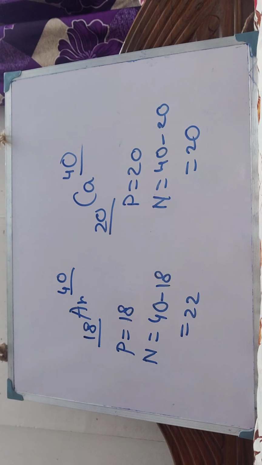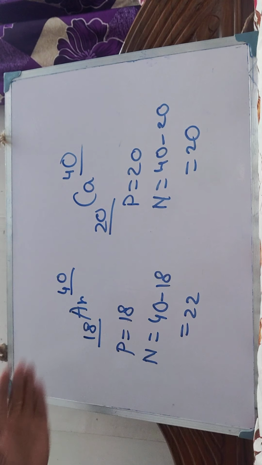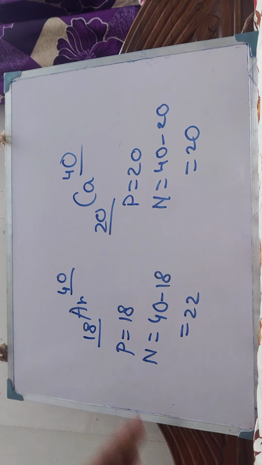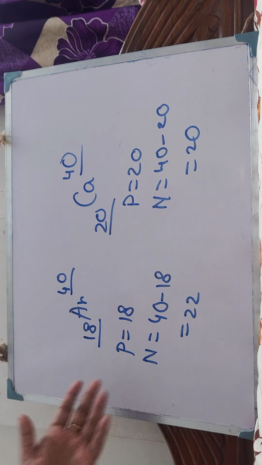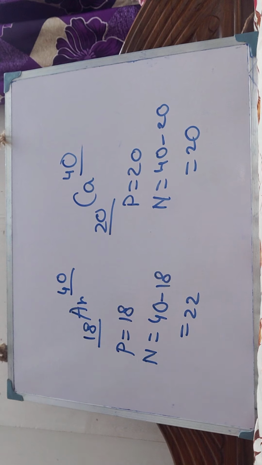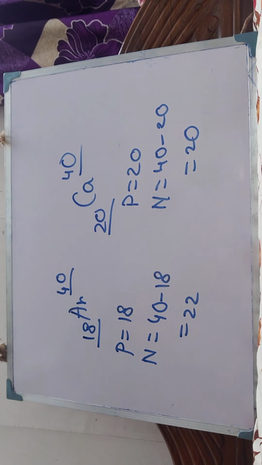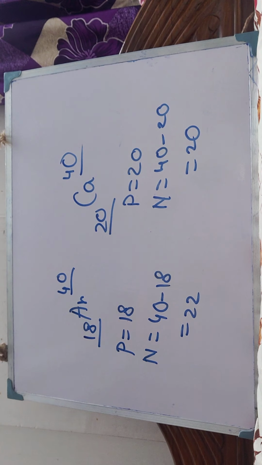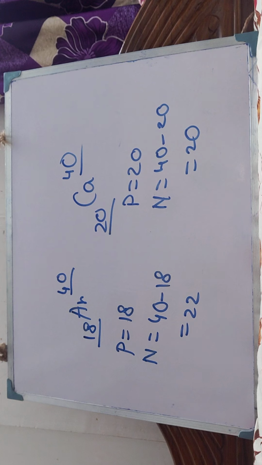It has 18 proton and 22 neutrons. The sum of both these numbers are same, that is why they are having same atomic mass, but the atomic number is different for both of them. In fact, one is a noble gas and one is a metal. Clear? So there is a difference between isotope and isobar. Isotopes are the examples of same element, but isobars are completely different elements having same mass.